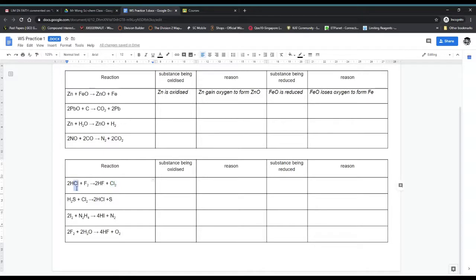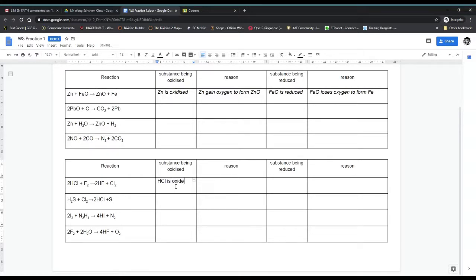So from HCl to Cl2, what does it mean? It simply means that HCl loses its hydrogen to form Cl2. Losing hydrogen is oxidation. So I've identified that my substance that is oxidized is HCl.